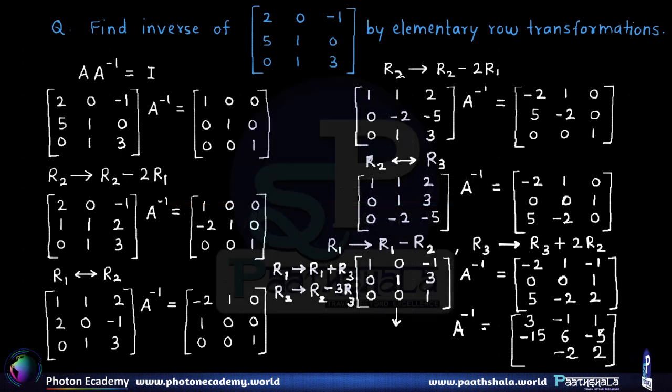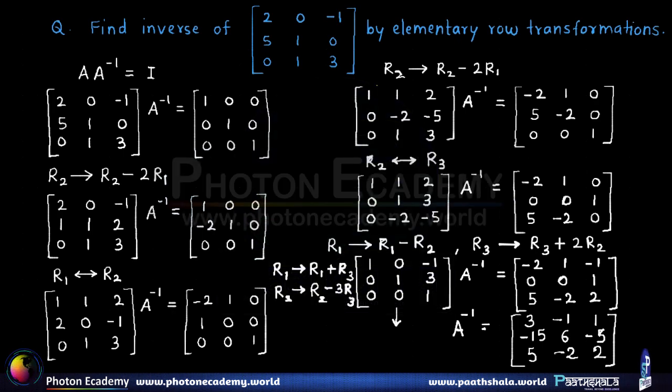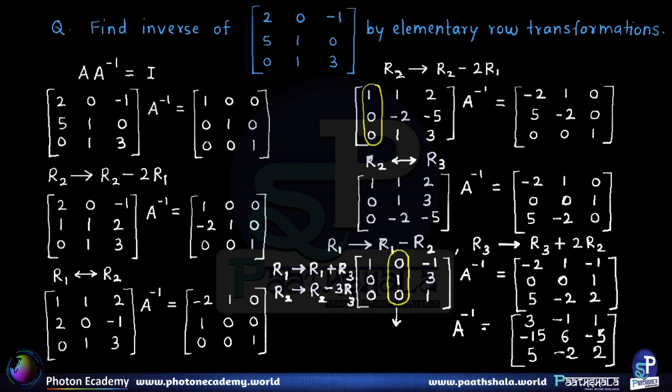And what we do to achieve that is nothing but we achieve the desired elements, that is ones and zeros, in a column wise manner. So therefore we first tried to change only the first column and attained 1 0 0. Okay, and after that we obtained the second column as 0 1 0, and at the end we obtained the last column as 0 0 1. So by this time whatever change occurs to the right hand side, that will get transformed into the inverse of the given matrix.